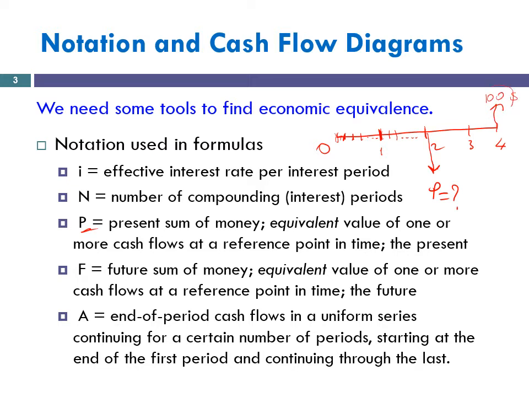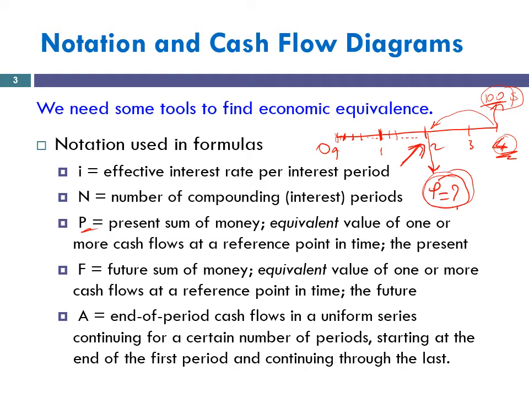Okay, so this $100 will be at the end of year 4, and we want to calculate the equivalent amount of this $100 at the end of year 2. So this year 2, if this is the reference point, okay, not 0. This will be the reference point, and year 4 is the future point. So somehow we will find the present value of this future amount. Okay, so we will represent this as P.